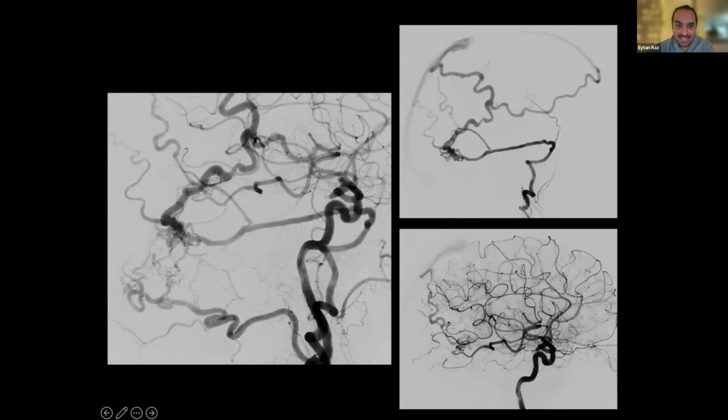When we look at this in detail, we can notice how the inflow of the supply from the MCA is really distal to the same venous outflow of the dural AV fistula, but it's not in the same location.